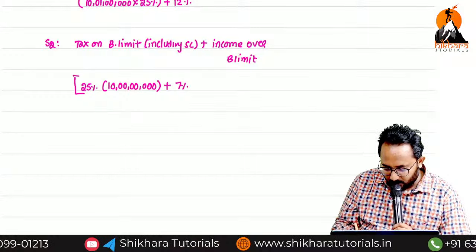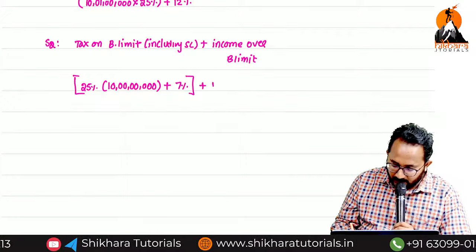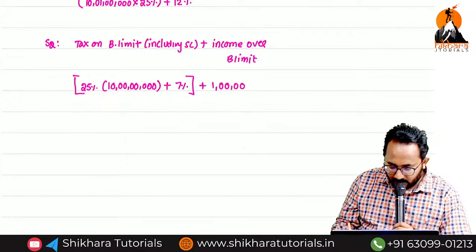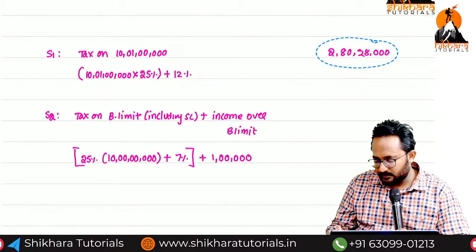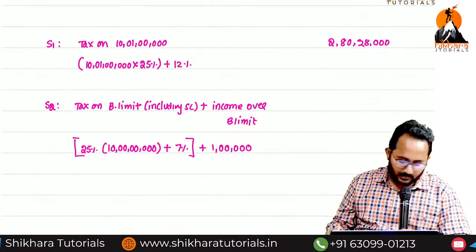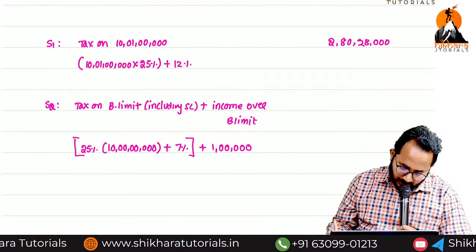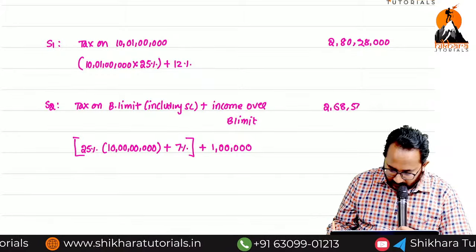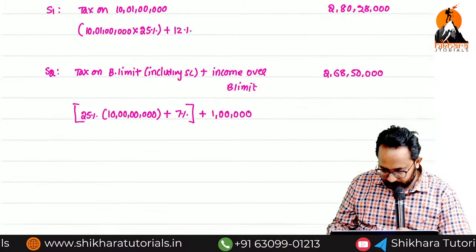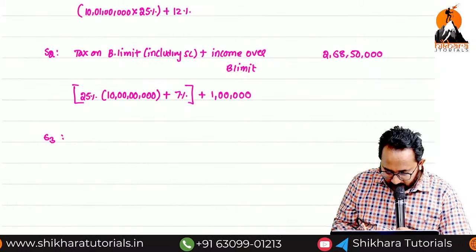For this we have to add the income over and above the surcharge basic limit, which is 1 lakh only. Tell me the total. If I add the 1 lakh also, I get 2 crore 68 lakh 50,000.